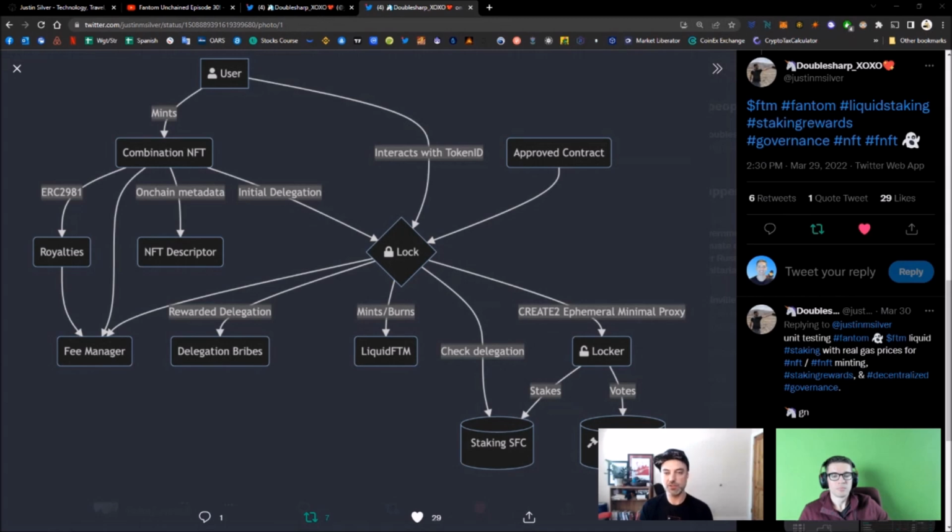When you delegate to a validator, by default, you've delegated your vote to them and they can vote on your behalf. So that validator can vote for a proposal using the full voting power of the self stake plus the delegated stake of the validator. Then each individual delegator can go in and override the validator's vote if they want to vote differently. So the validator voted yes, and I want to vote no. Even though I've delegated my vote, I can still override it with my vote if I want to.